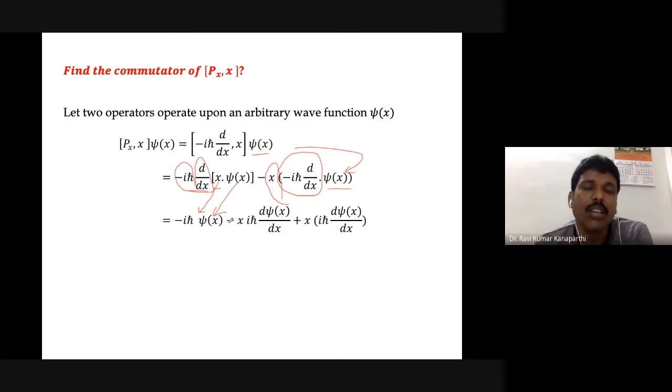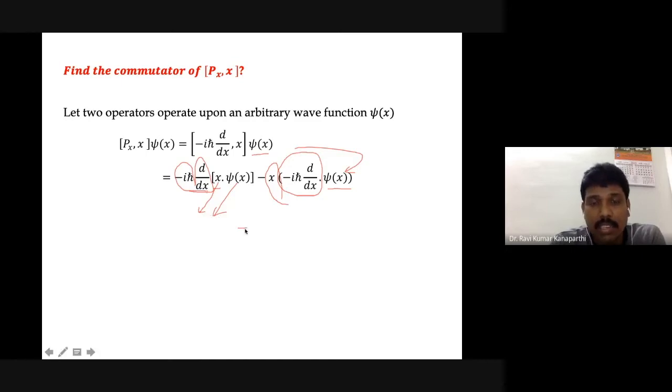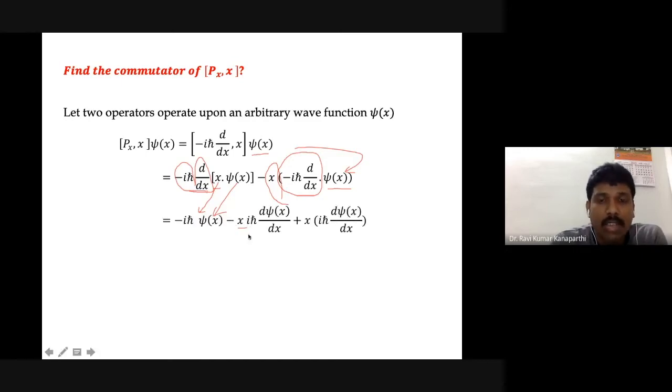Then you have to take the plus. The derivative of the product is nothing but a plus: the first function multiplied by the derivative of the second function. The first function is x, written here, right? And iħ is written there, because iħ doesn't affect the derivative with respect to x.